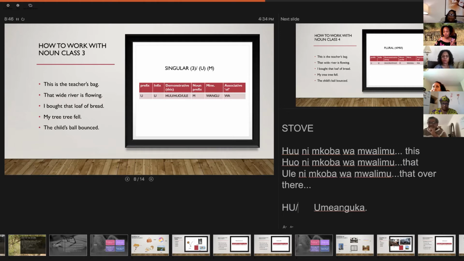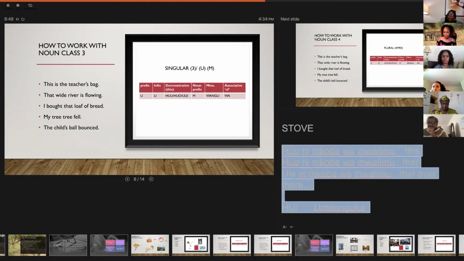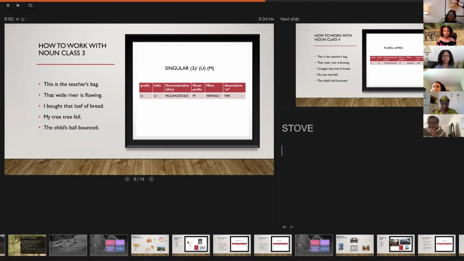Okay, so let us try and work on the other sentences right here. That wide river is flowing. So mto huo mpana. Remember our little verb I taught you, tiririka? So we're going to say unatiririka. Okay, mto huo mpana unatiririka.